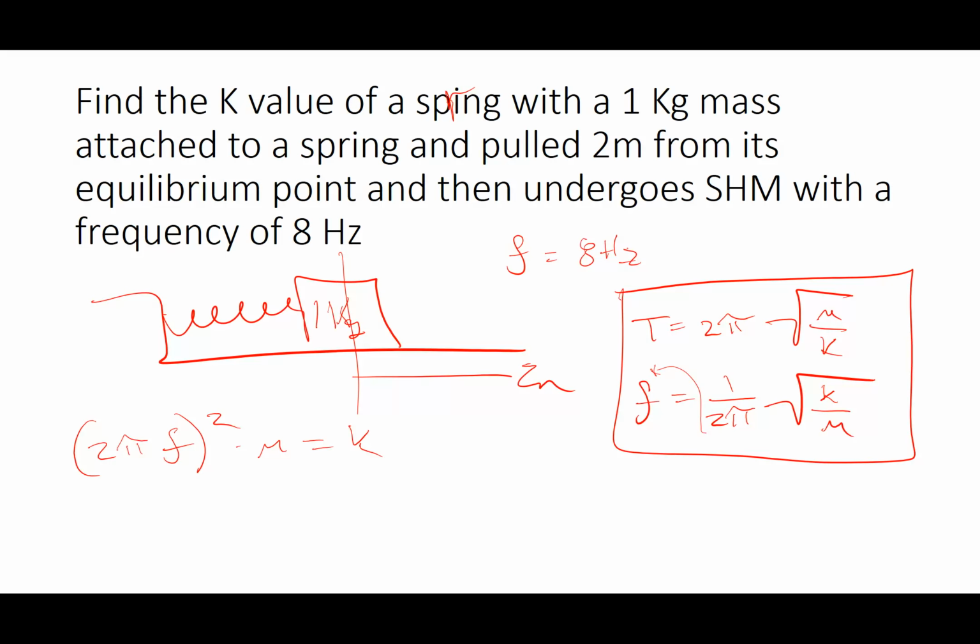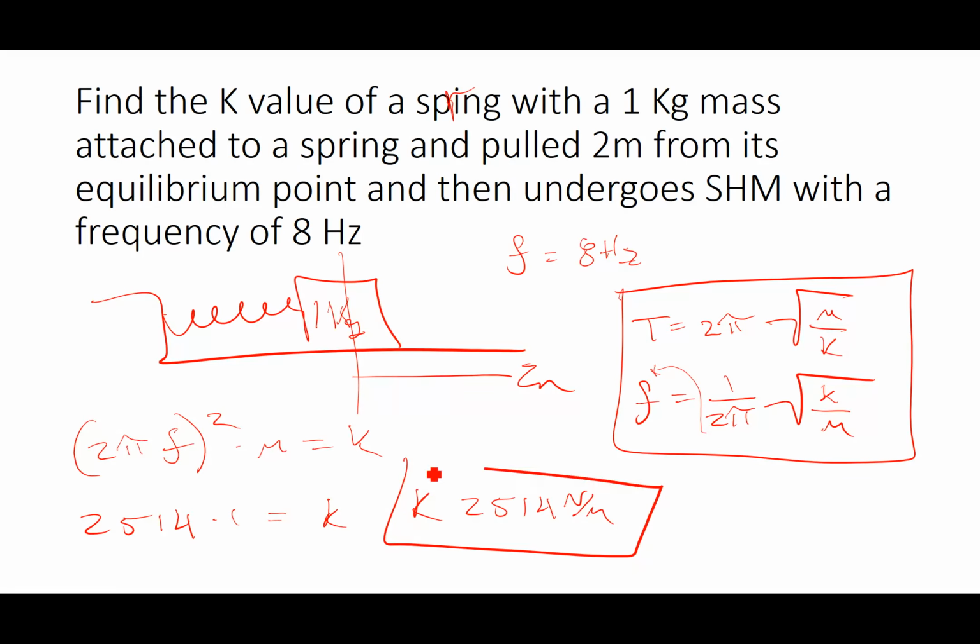And (2 pi f) squared, 2 pi is 6.28 times 8 squared, gives me 2,514 times 1 is equal to k. So k equals 2,514 newtons per meter. So it's just knowing how to move back and forth between the equations and how to solve for period and frequency.